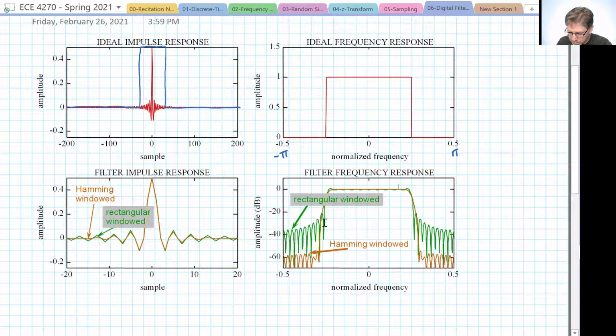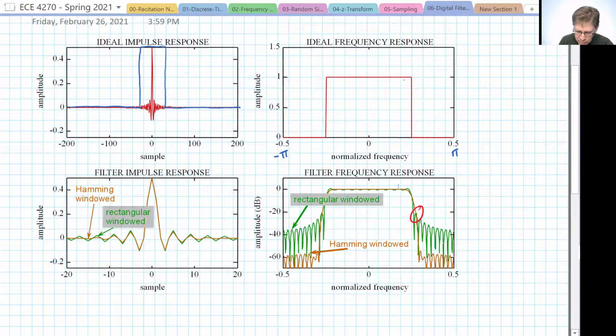And what we see is that we get this green curve over here on the right. Of particular note is that side lobe there, which is up there pretty high. Also note that this transition speed is fairly quick.